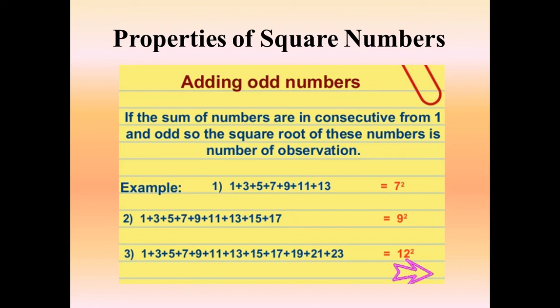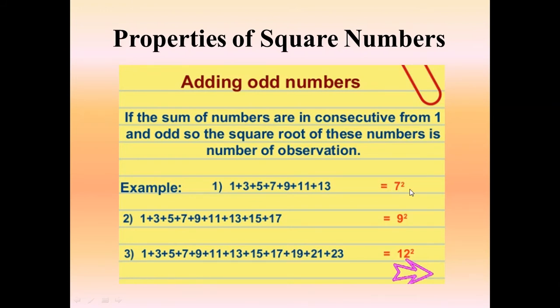Similarly, the same fact applies in the case of the square of numbers. Suppose I have calculated 7 square, it is 49. Now when I add the first 7 odd numbers, then the result I get is the same as when I square 7, that is 49.